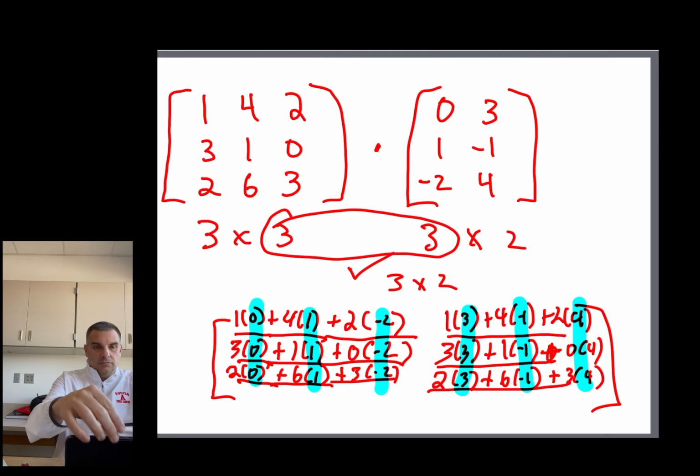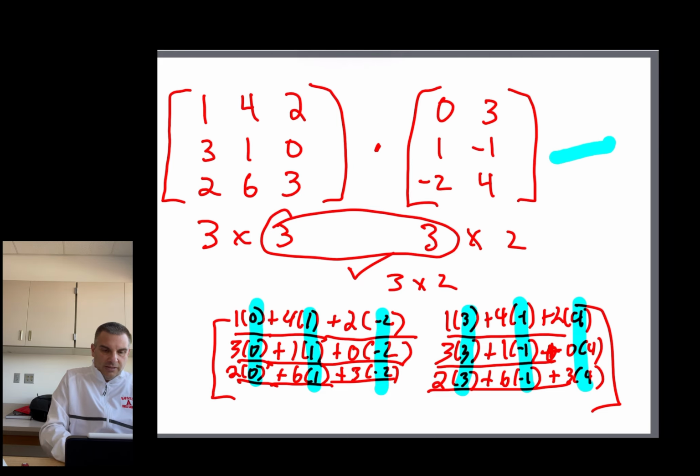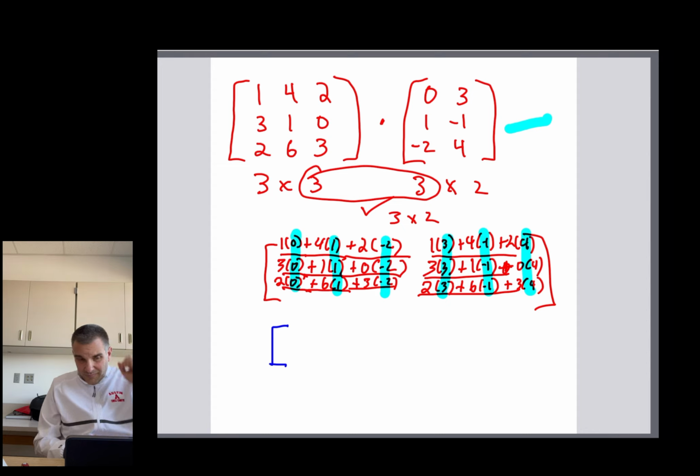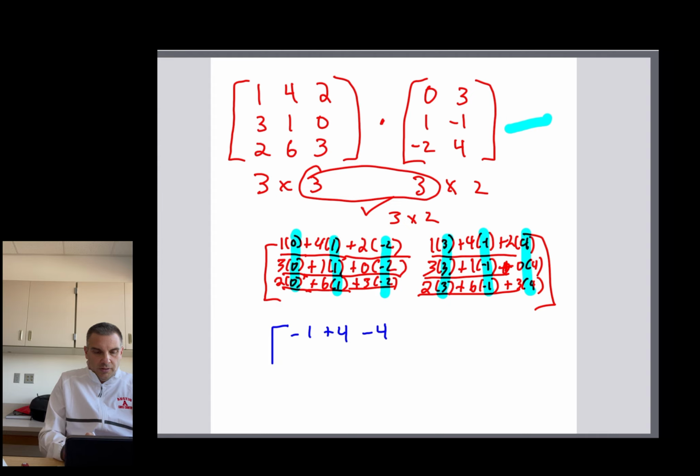Okay. Now, I put my pen down, see if I can make this page a little bit bigger so I can write on it further. So now we just finish off the math. So we've got negative 1 plus 4 minus 4. I'm going to leave that open. Go across, we've got 3 plus negative 4 plus 8.